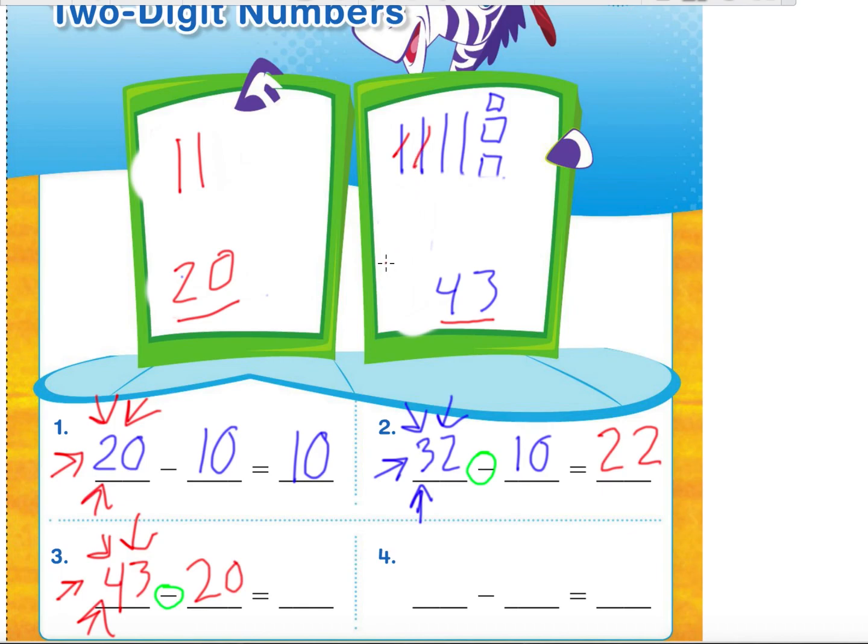And now all we have to do is see what number we have left. That's all we're doing. So let's count it. Do our tens first. 10, 20, 21, 22, 23. So we have 23. And that's our answer. So 43 minus 20 is 23. Let's do one more before we move on.